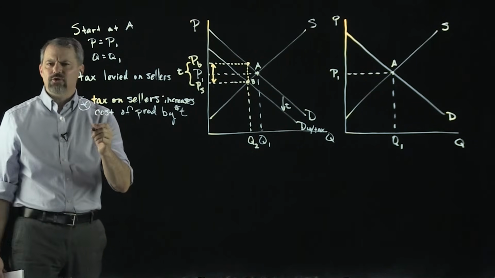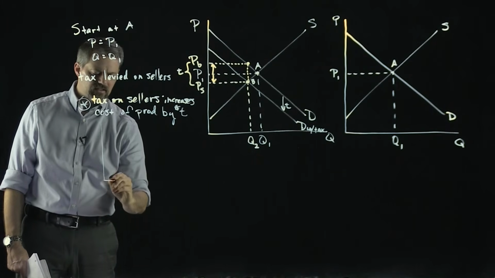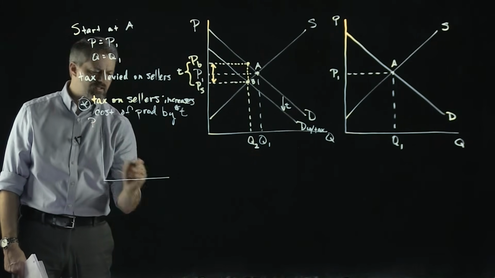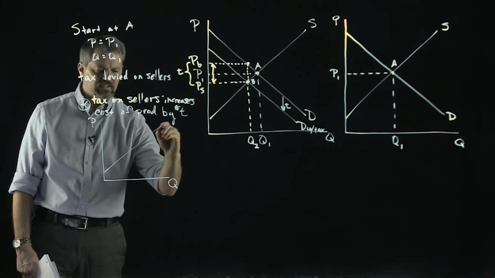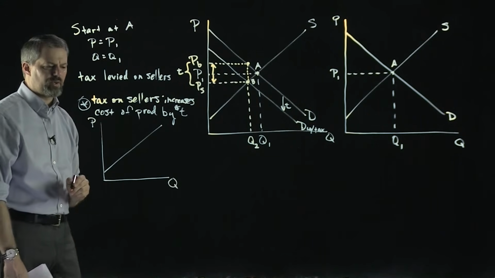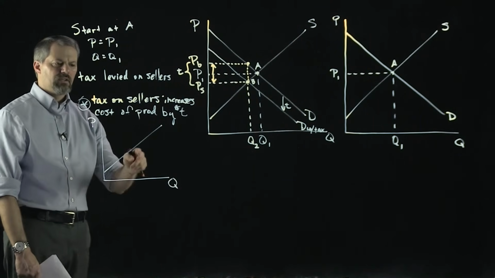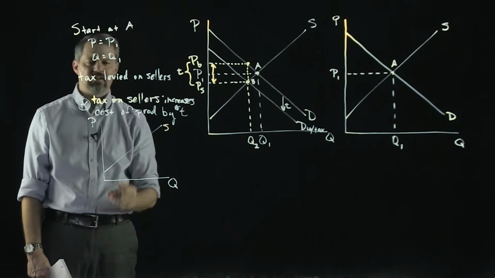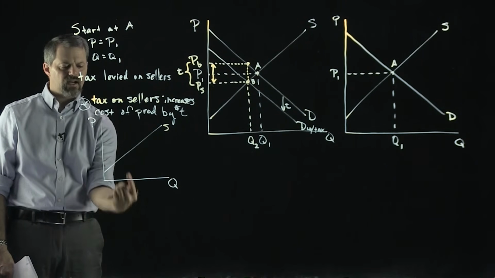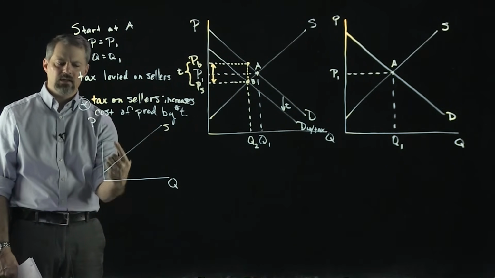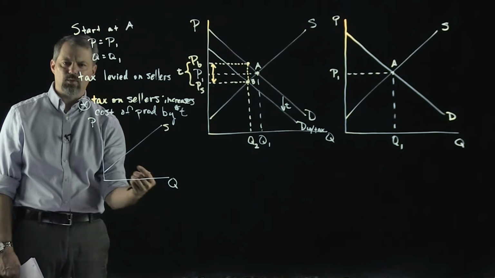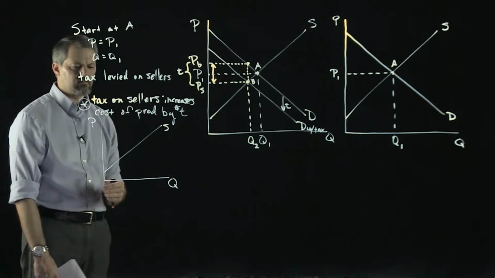Okay? If we were to draw a little picture of what that looks like, remember that the supply curve represents the cost of production. We talked in a previous chapter about the fact that any supply curve is nothing more than a cost of production curve, and the height of that supply curve at any particular point represents the cost of production.